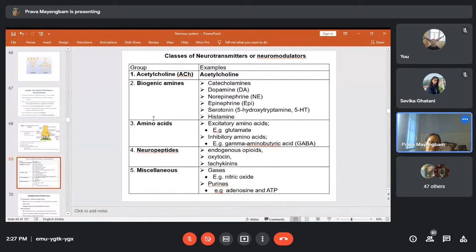Okay, so as per my classification, it is 5 types: acetylcholine, biogenic amines, amino acids, neuropeptides, and miscellaneous neurotransmitters like nitric oxide, which is a gas, and some purines like adenosine and ATP. They also act as neurotransmitters.